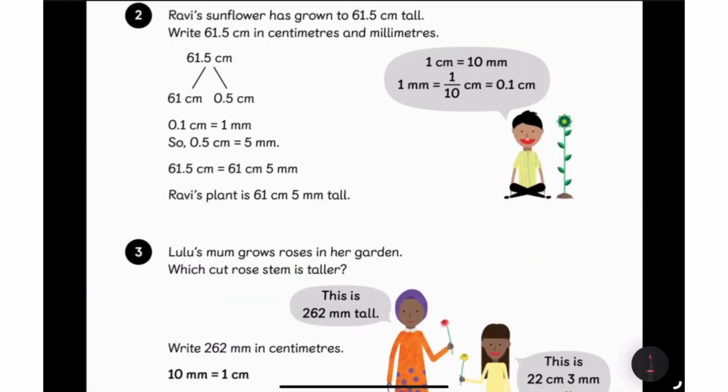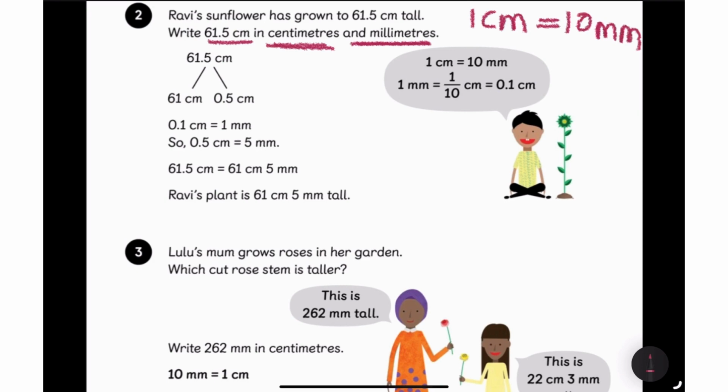Write 61.5 centimeters in centimeters and millimeters. Read the question again. We have to write this in centimeters and millimeters. So we know our key that 1 centimeter equals 10 millimeters, right? But as we learned with decimals, when I divide 1 by 10, I get 0.1 centimeter.